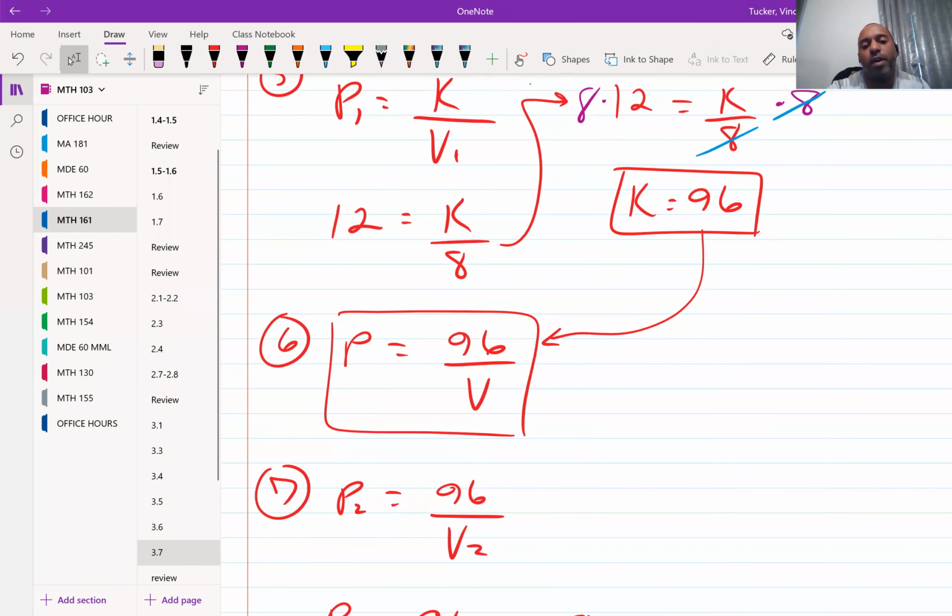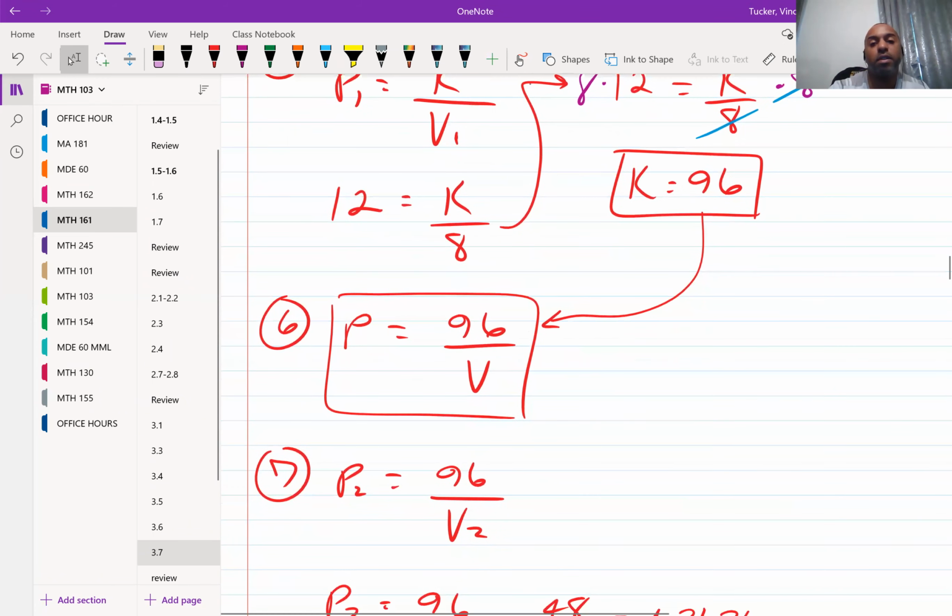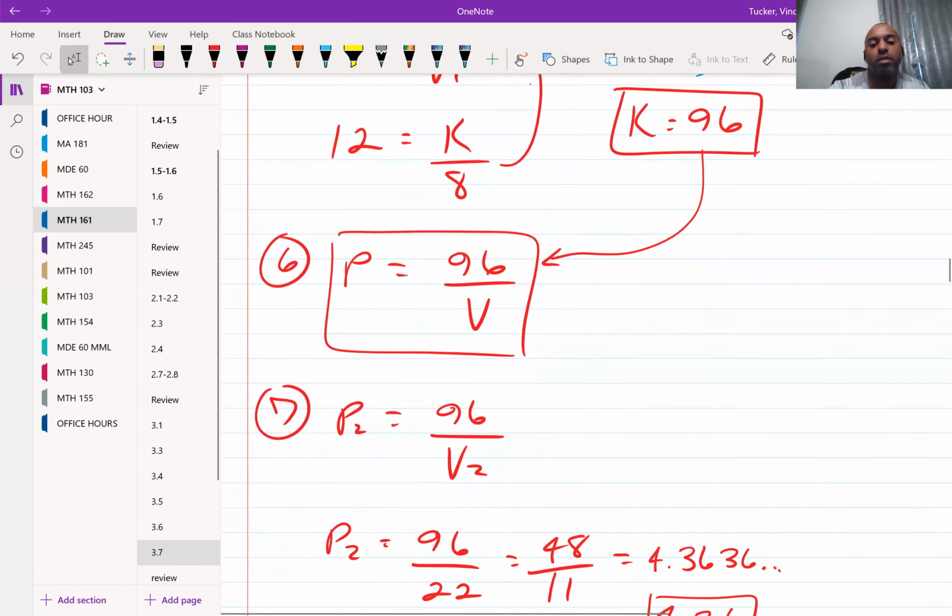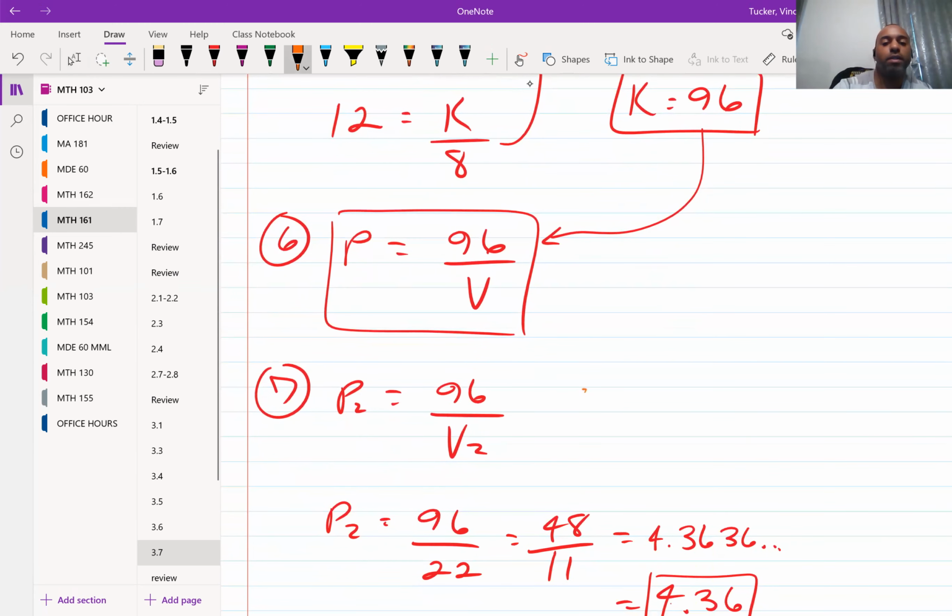All right, so now we're going to plug in the one piece that we have from the new relationship and find the missing piece. So we know what V is. We don't know what P is, so you plug in V. It's 22.